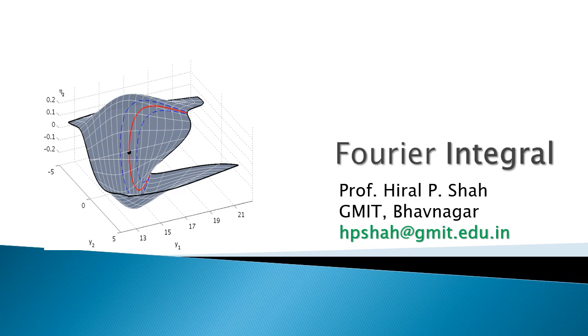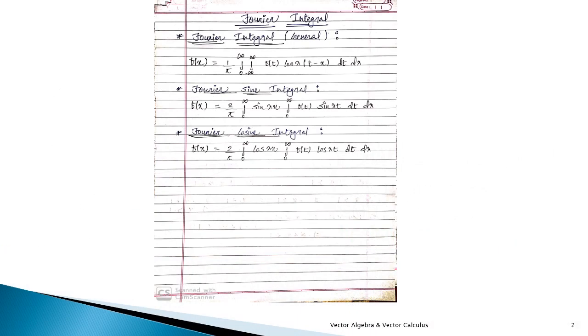Now let's start with its formulas and its examples. You can see here I have written three formulas. The first one is the Fourier integral, which is the general formula. Secondly, I have given the Fourier sine integral, and the third one is for the cosine integral.